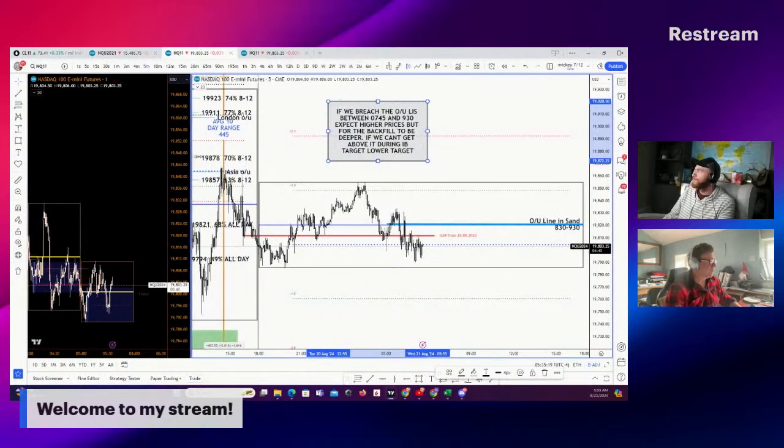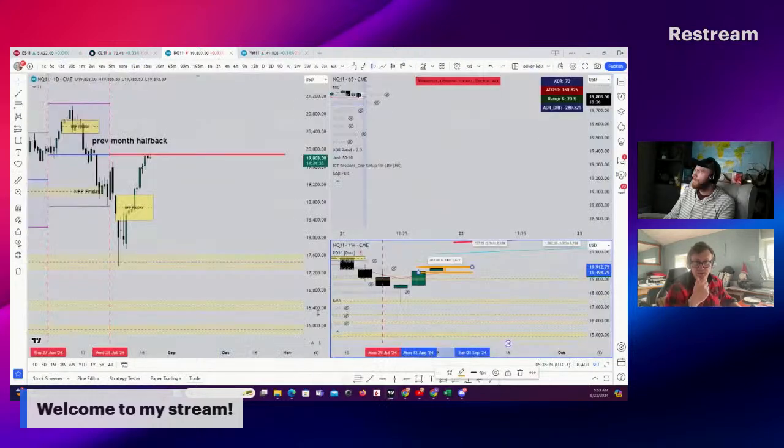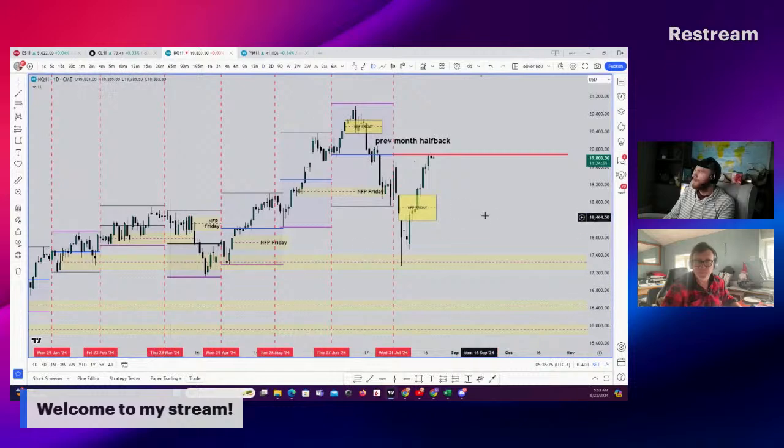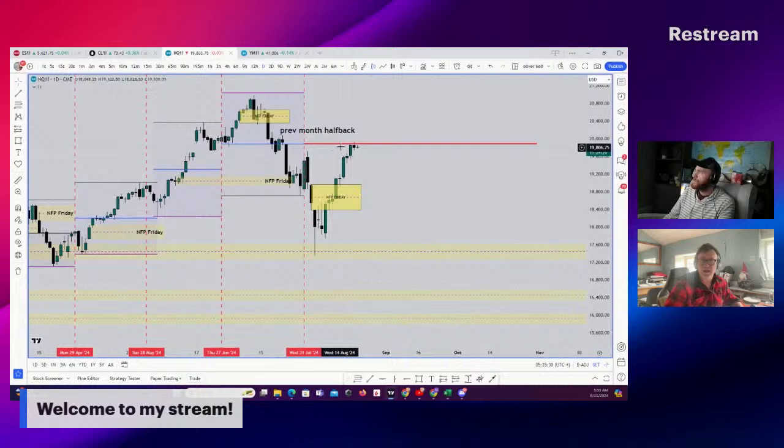Yeah, so if we can check out the daily chart showing where we are with respect to the NFP, please. Okay, we're here. So we're above. Two observations here: we're above the NFP Friday, but we're below previous month's mid. That would mean that we're looking for our lows of the day between 5 and 11.